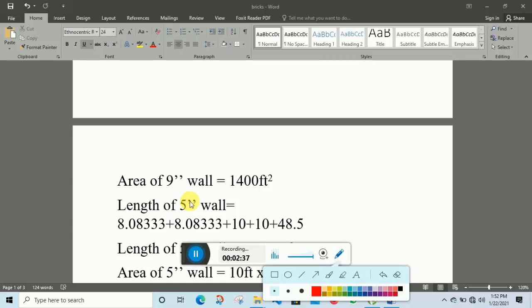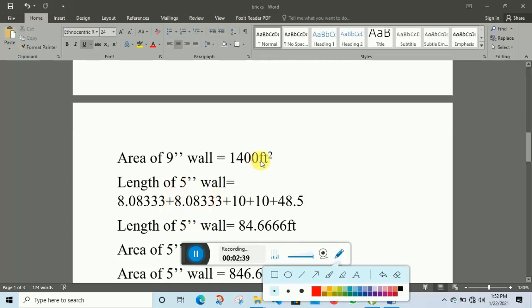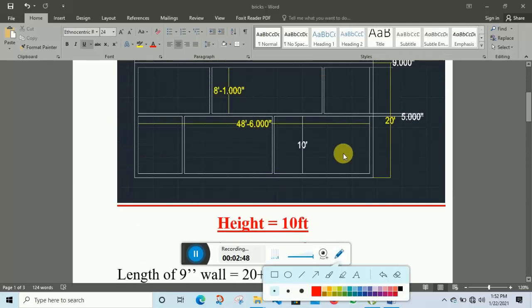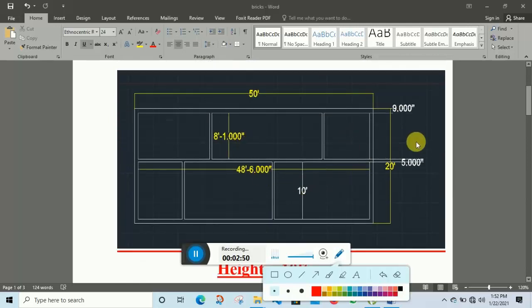So that was the length of the 9-inch wall. Now I have to find the overall length of the 5-inch wall.